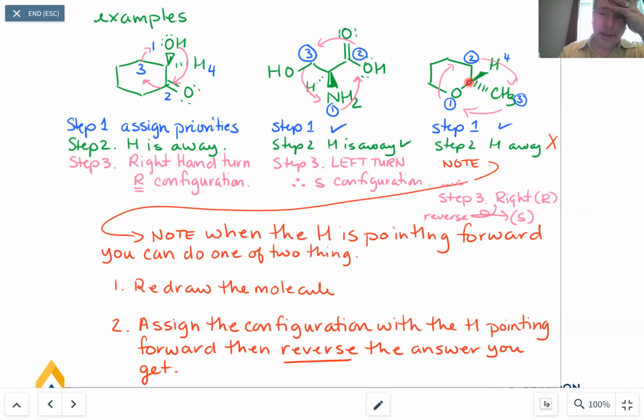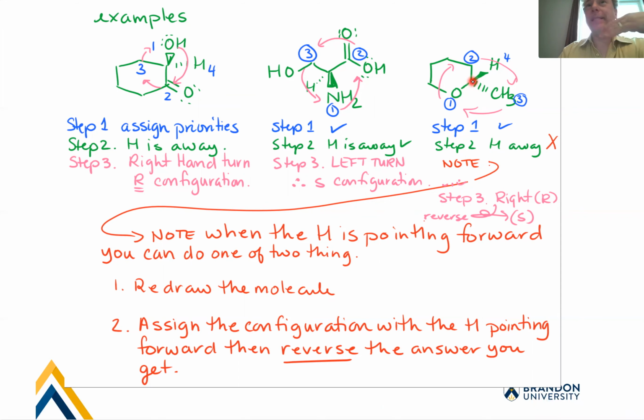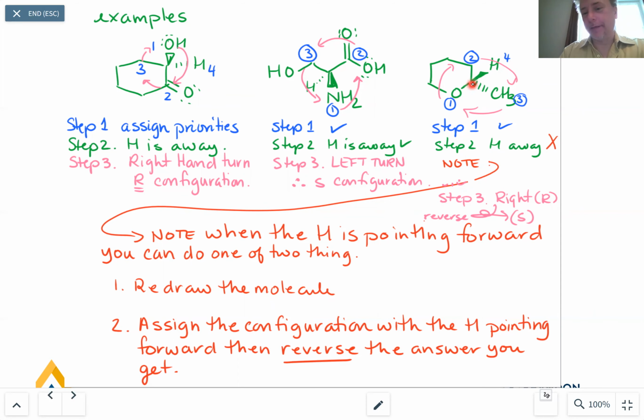And that can be problematic. It's easy to make mistakes when you have to redraw something. What I would typically do is that if the lowest priority atom is pointing towards you, I just check what this answer is, 1, 2, 3, and then whatever it is, I do the opposite of it.